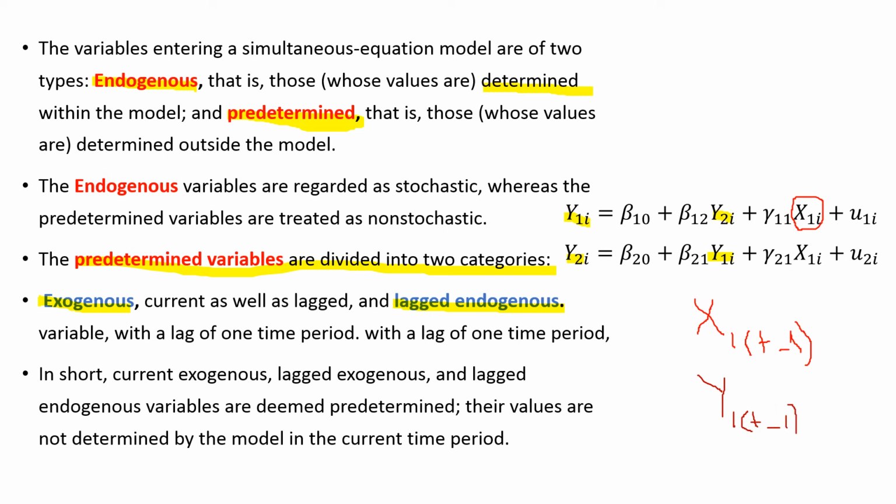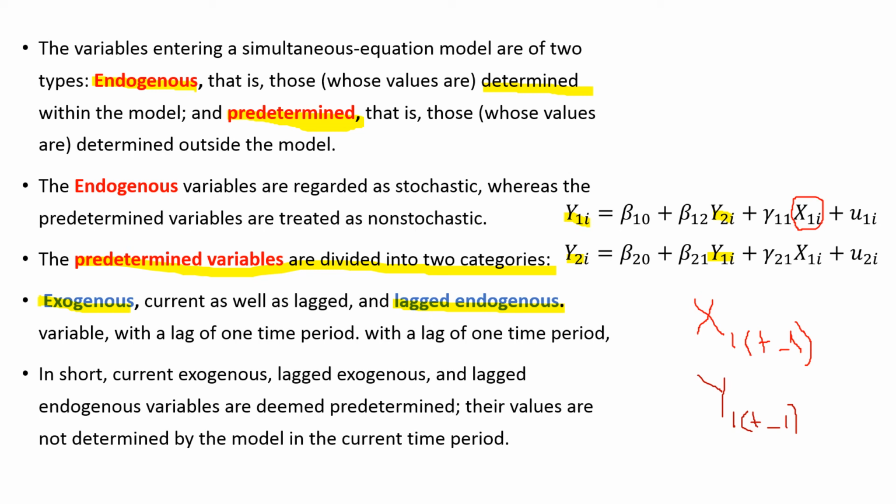So finally, the predetermined variables are completely explanatory variables. They only appear on the right hand side. They are pure explanatory variables, they are predetermined, and they are non-stochastic. And of course, you remember that the explanatory variables in a regression model are non-stochastic.